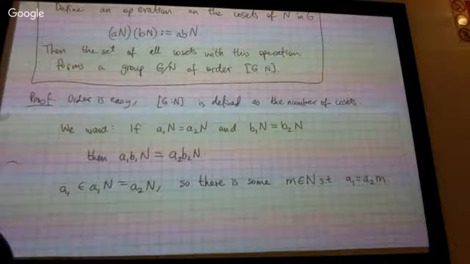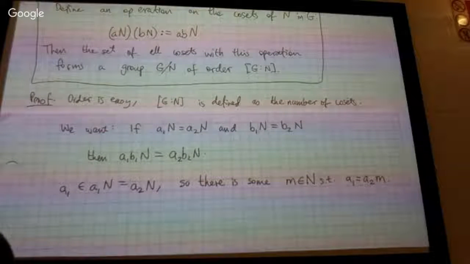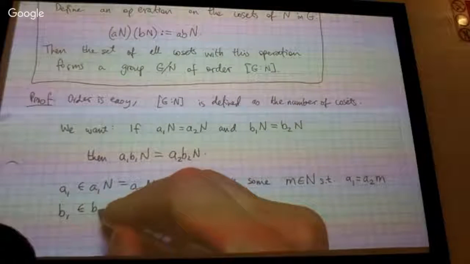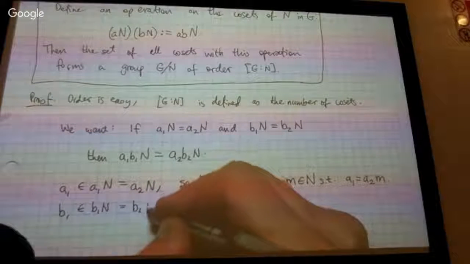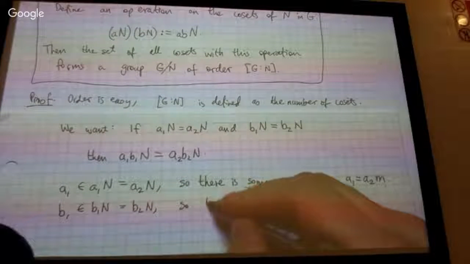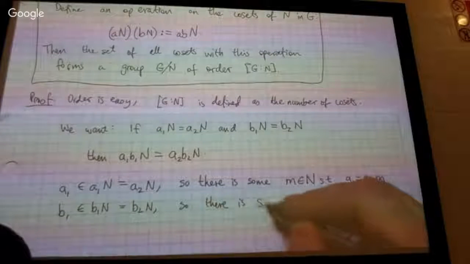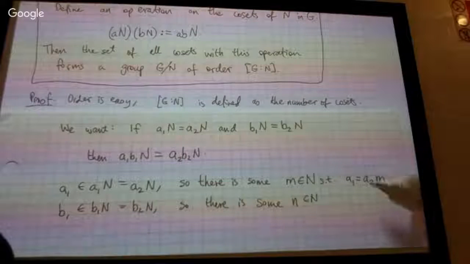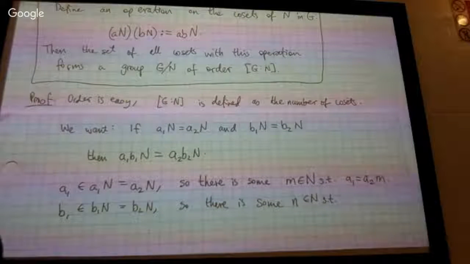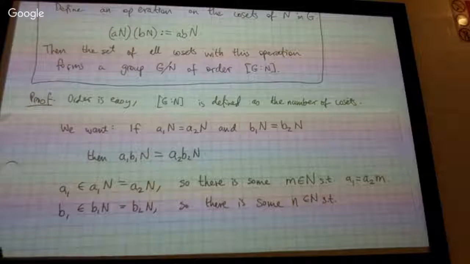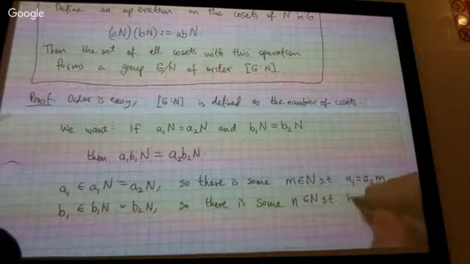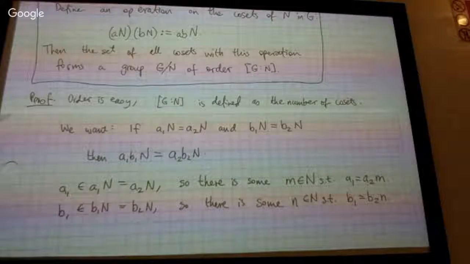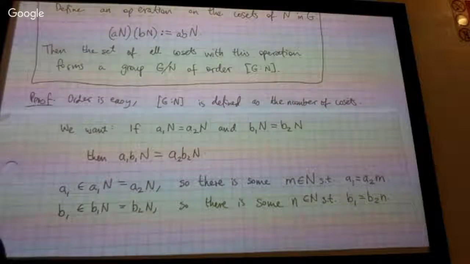And in the same way, B1 is in B1N, which is B2N, so there is some element, and now I call it n, so that I preserve the alphabet somehow. A takes m and B takes n. Now let's just finish this quickly.